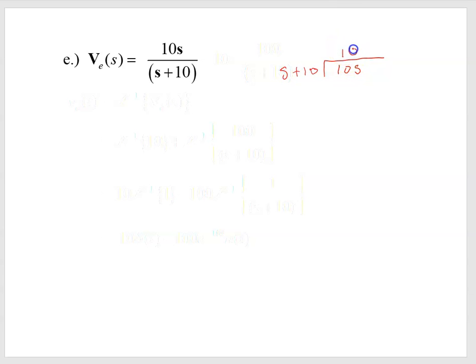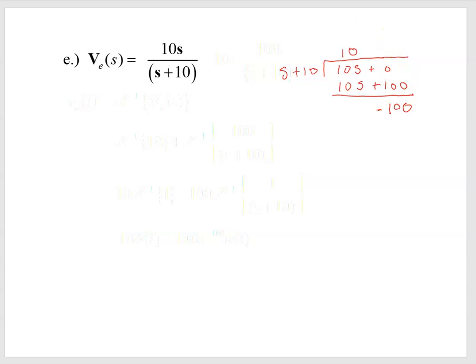We multiply by 10. We end up with 10s plus 100, right? But then this is a plus 0. So we end up with, when we subtract it, we end up with negative 100 as a remainder.